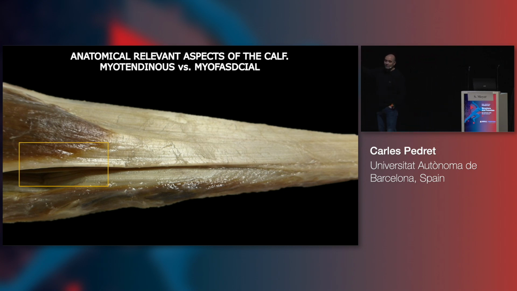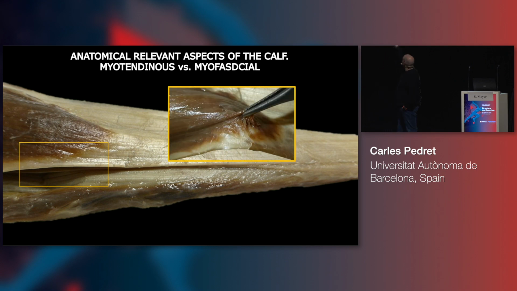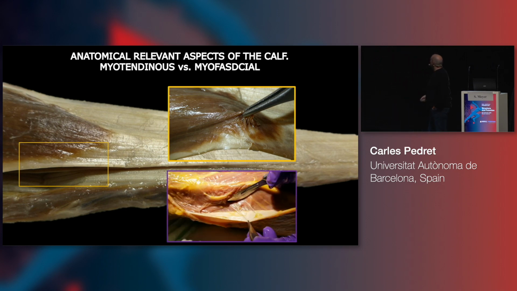So this is not a myofascial junction. So this is a myoaponeurotic junction. Look how strong it is, how dense it is, and how hard it is to pull these muscle fibers from the aponeurosis. But if we look at the myofascial injury, a myofascial tissue or myofascial junction, look how loose it is and how easy it is to rupture that part, okay?